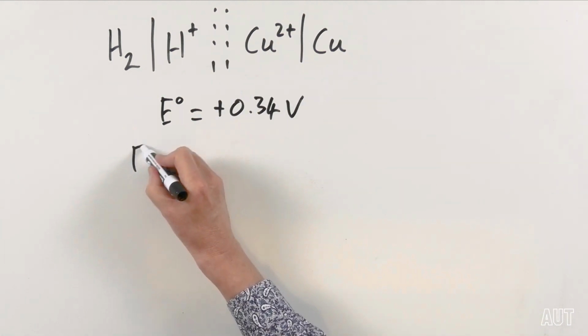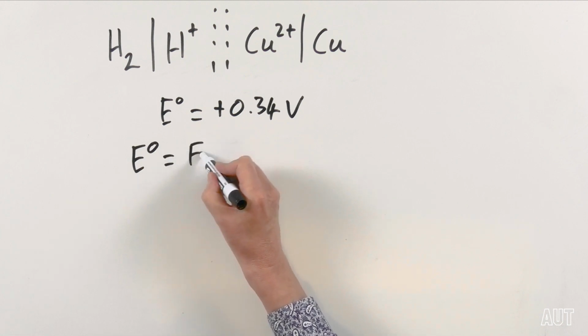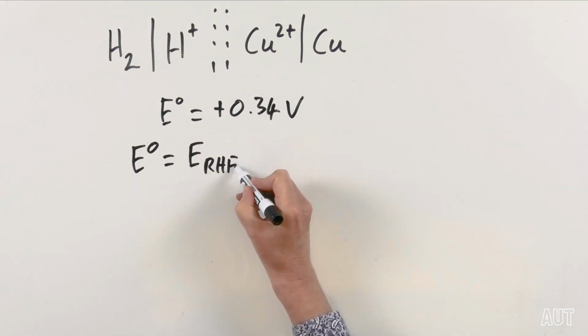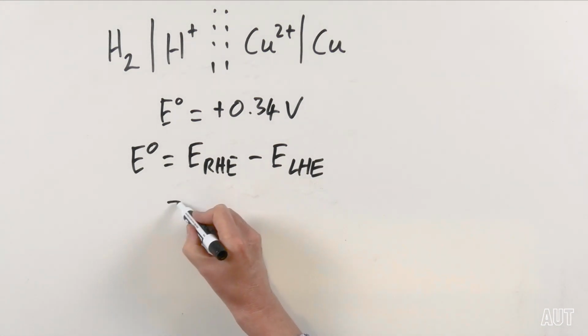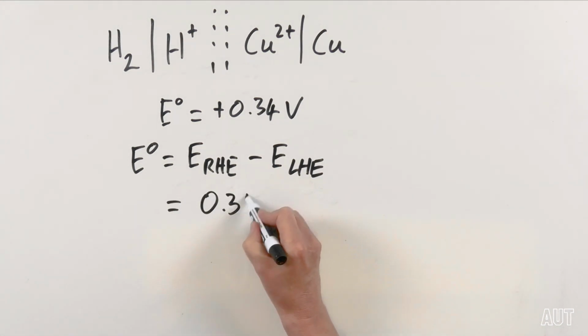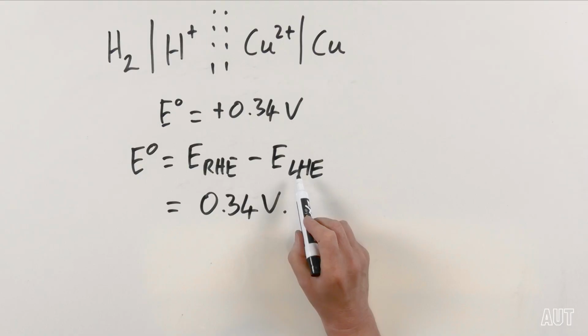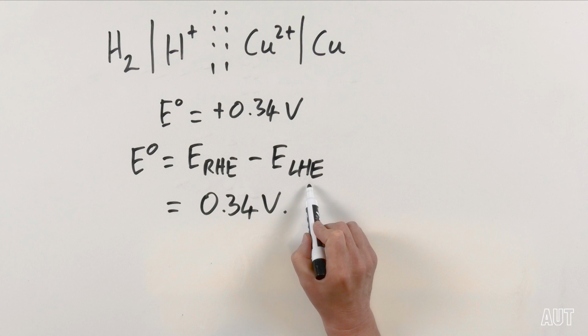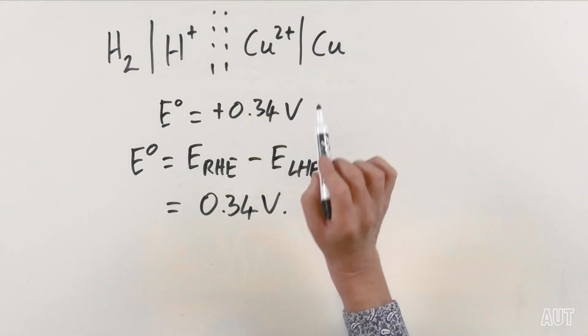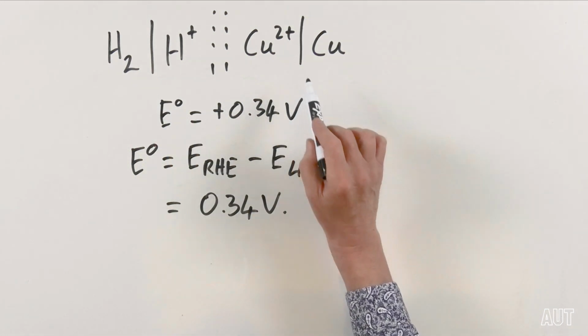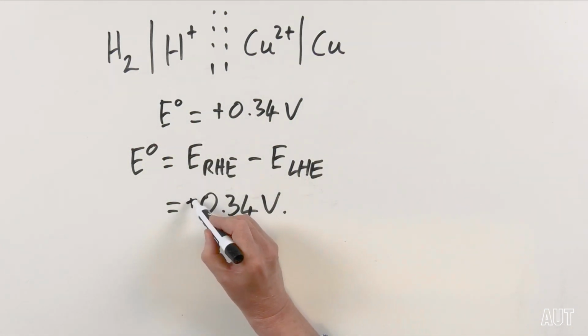We said, okay, E-naught is equal to E of the right-hand electrode minus E of the left-hand electrode, and that was equal to 0.34 volts. E of the left-hand electrode we are arbitrarily assigning as being 0 volts, so that gives E of this process by itself relative to hydrogen as being plus 0.34 volts.